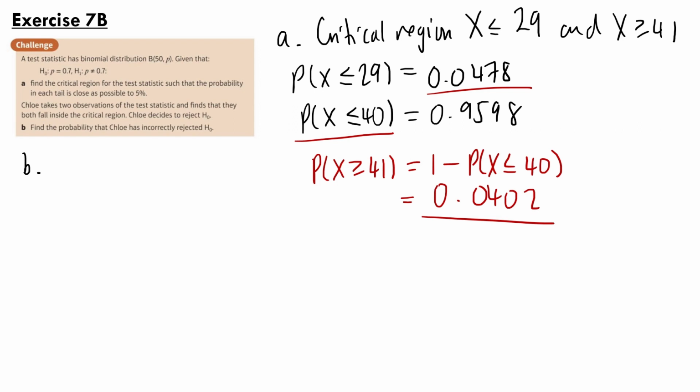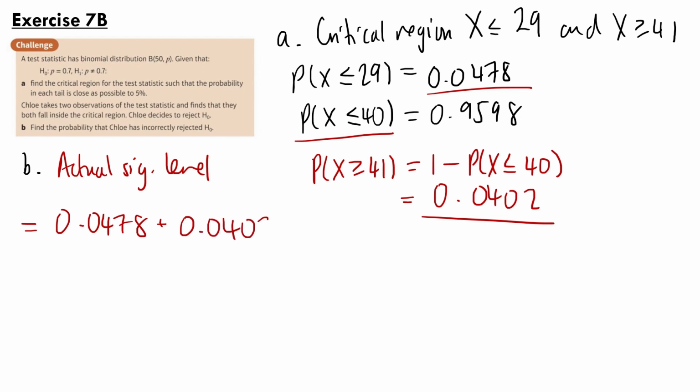So now we can find the actual significance level of the test, which will give us the probability that Chloe has incorrectly rejected H0, and that will be equal to 0.0478 plus 0.0402, and that is equal to 0.088.